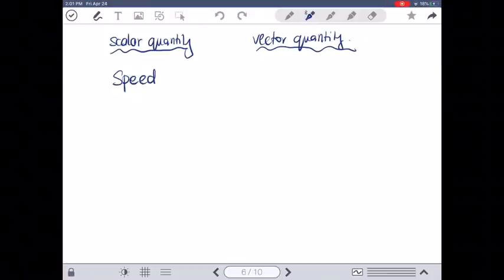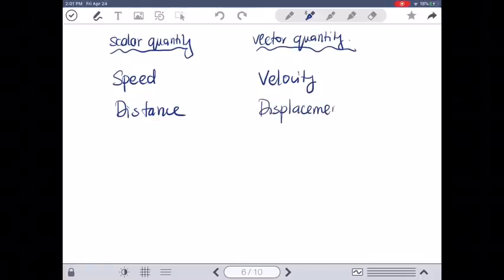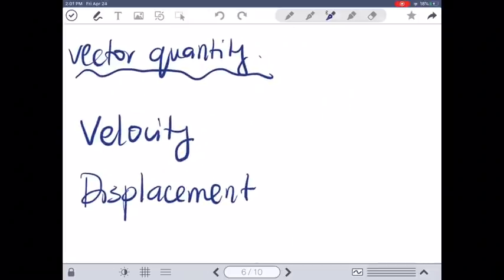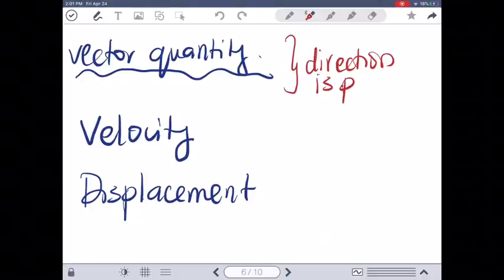For vector quantity, it is velocity. If the scalar quantity is distance, the vector quantity is displacement. The difference between scalar quantity and vector quantity is that vector quantity has direction, which is important.